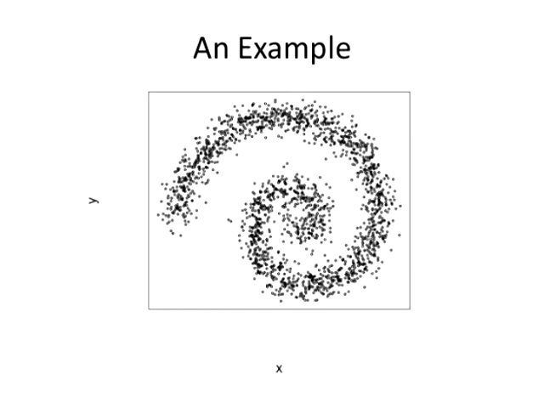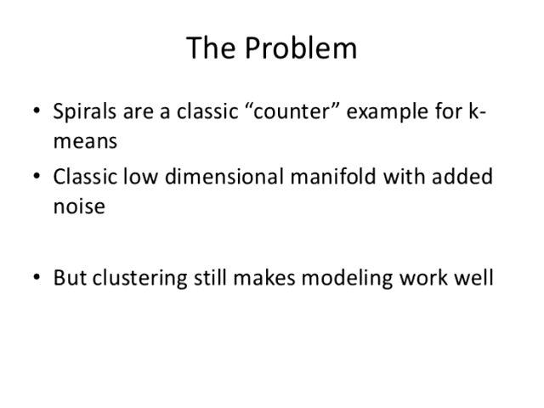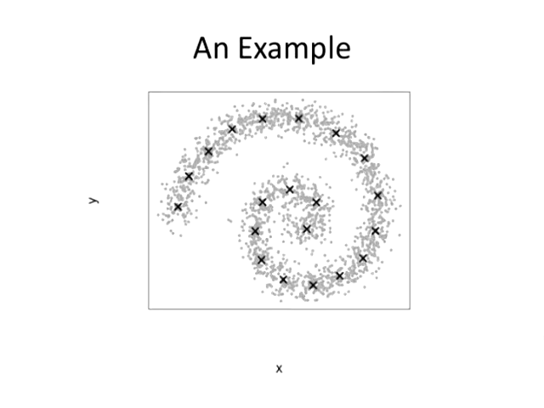Here's an example. This is a classic sort of thing that people say, oh, symmetrical clusters isn't going to do well on this kind of data. They're a classic counterexample for k-means clustering. They are, in fact, however, if you look at it, a very low-dimensional manifold. It's a line with noise on it.